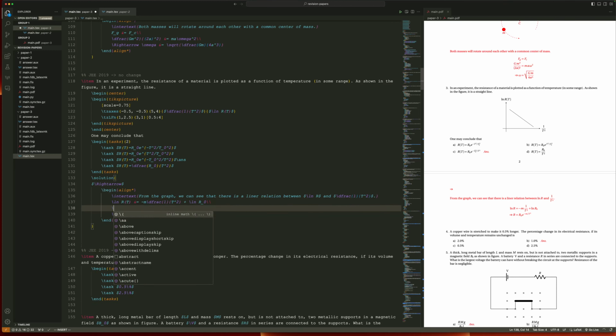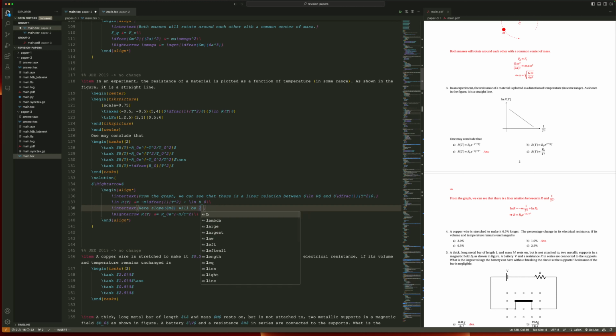Here we have to add intertext. Yes, here slope m will be like T naught.